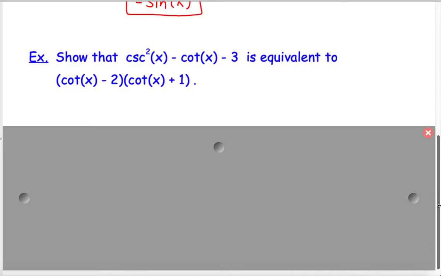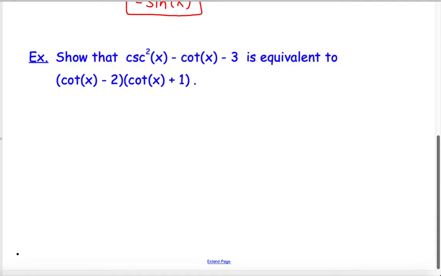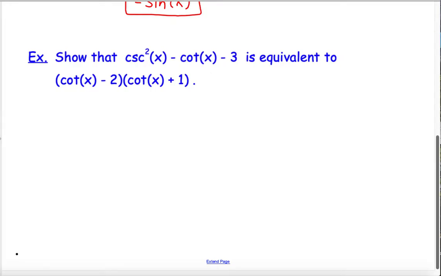Show that the cosecant squared of x minus the cotangent of x minus 3 is equivalent to the quantity cotangent of x minus 2 times the quantity cotangent of x plus 1. So, what do we do with this? Well, there's a couple things we should notice. First of all, they want us to take this original expression and write it in factored form.